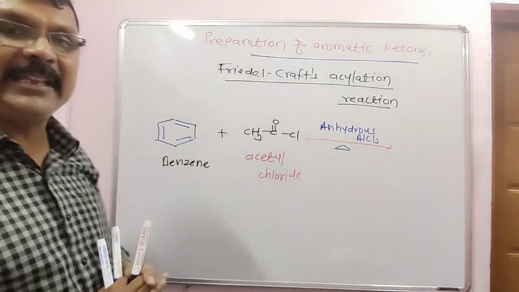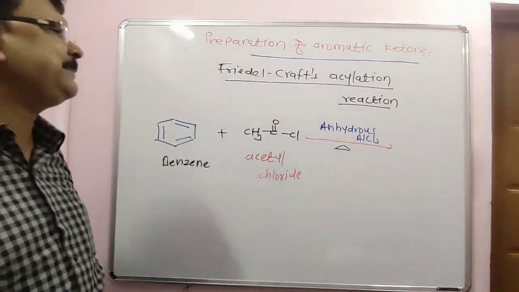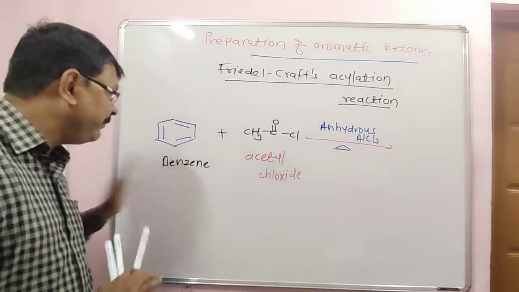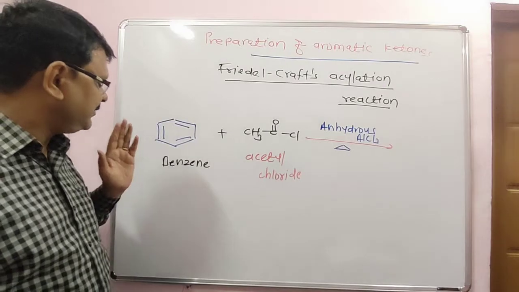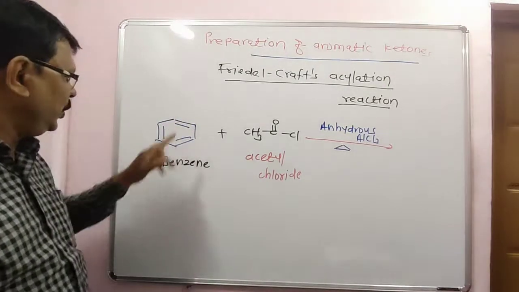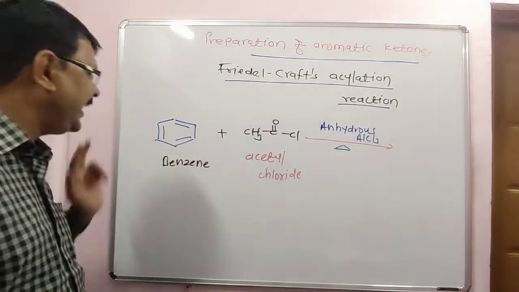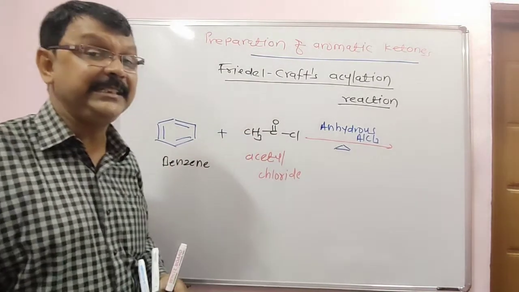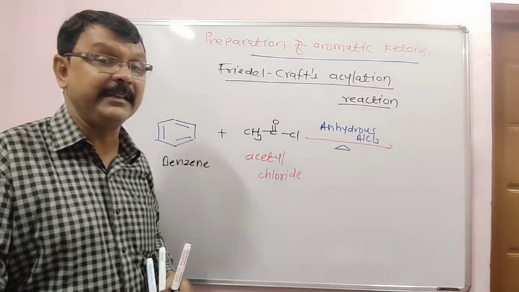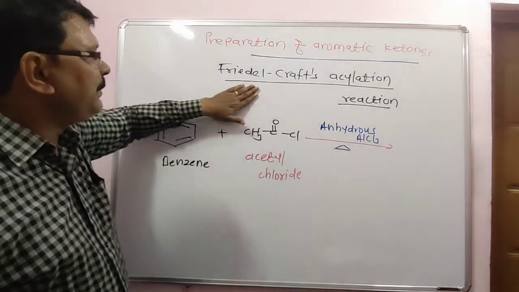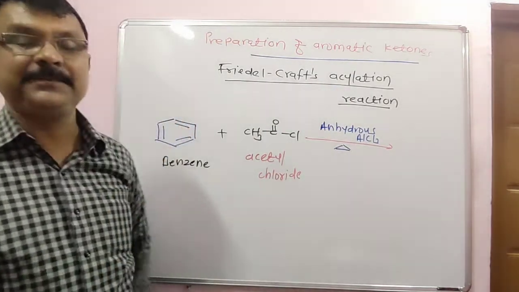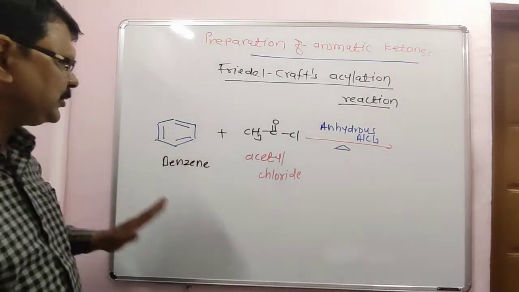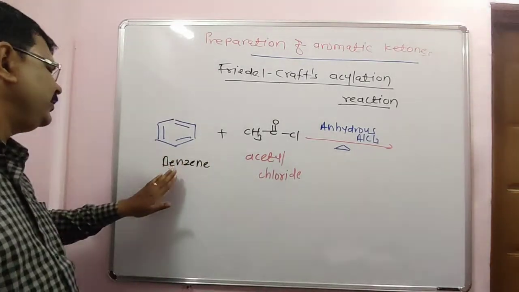Explain the Friedel-Crafts acylation reaction. It is the reaction in which a hydrogen atom of benzene is replaced by the acyl group of acetyl chloride or acetic anhydride. Simple question: what is the action of acetyl chloride on benzene?